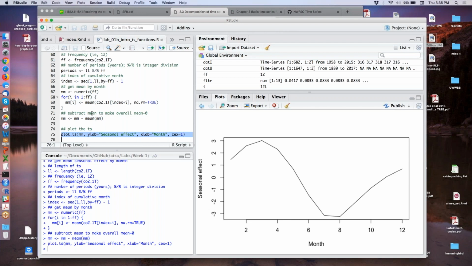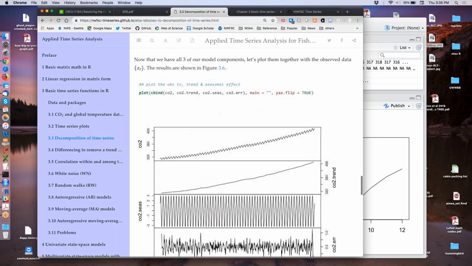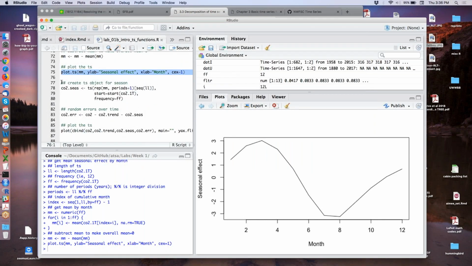This is when all the photosynthesis is happening, that's when all the respiration is happening. Okay, so we've got a mean monthly effect. Then the next thing we need to do is basically replicate that many times.